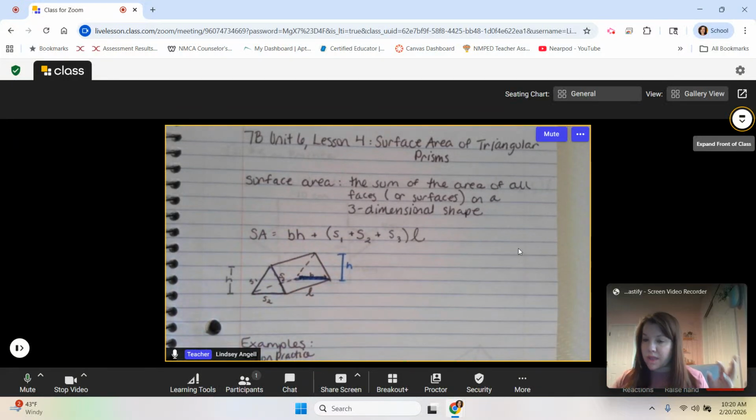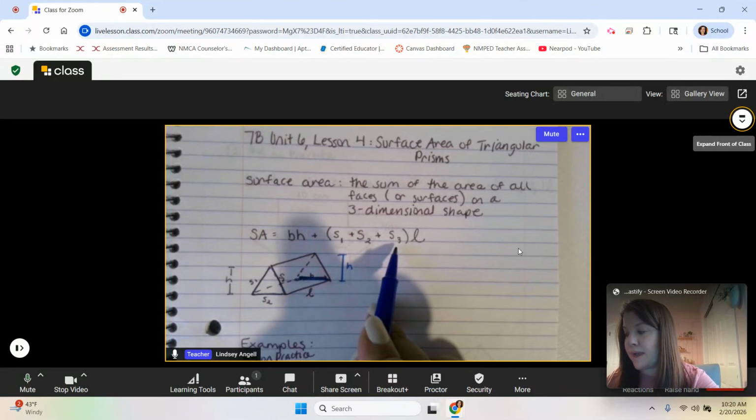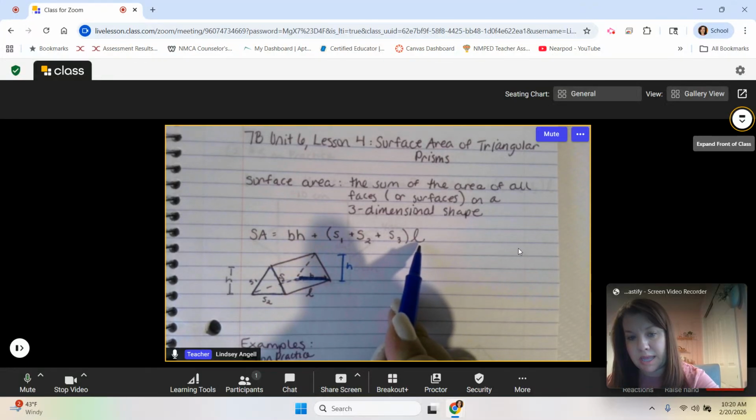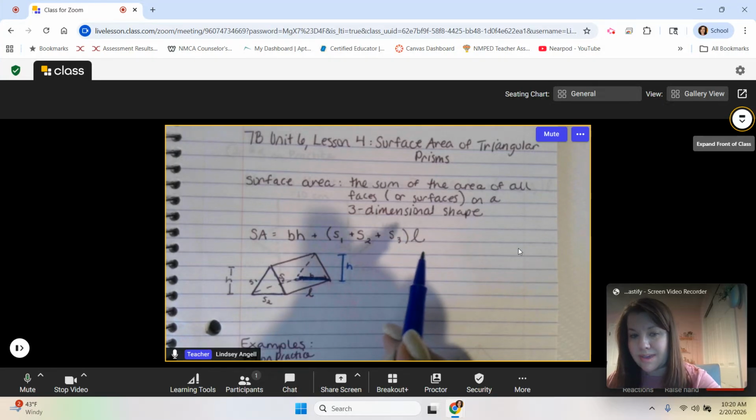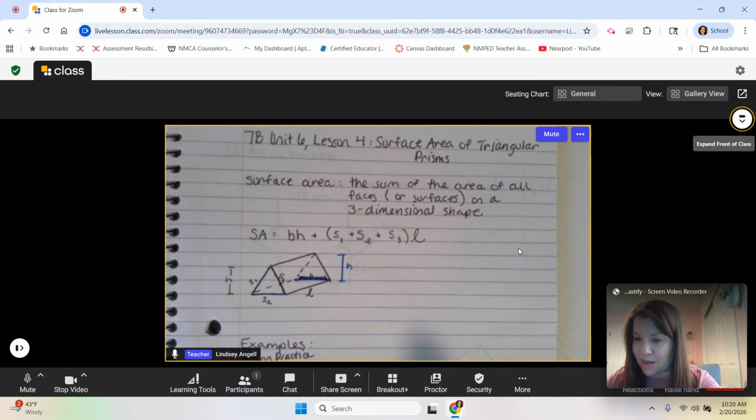Visually that might be hard to conceptualize, but hopefully it'll make more sense when we go through the example. So this is equal to the width of that big rectangle times the length. Yes, it's a triangular prism, but it's technically broken up into a bunch of rectangles.